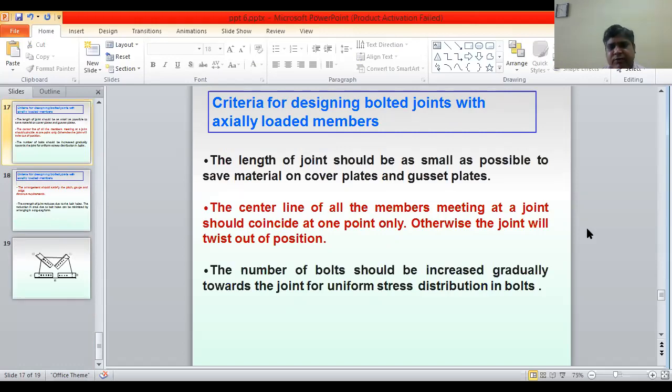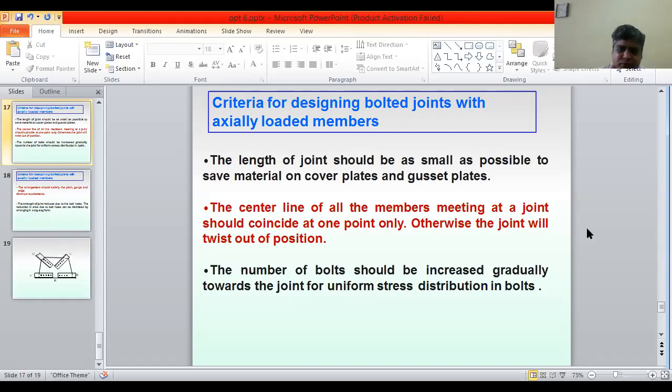The centre lines of all members meeting at a joint should coincide at one point only, otherwise the joint will twist out of position. The number of bolts should be increased gradually towards the joint for uniform stress distribution in the bolts.